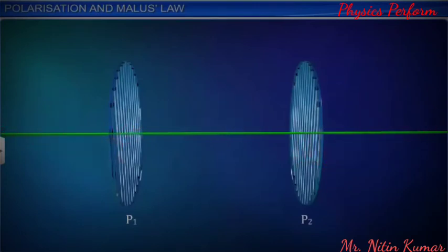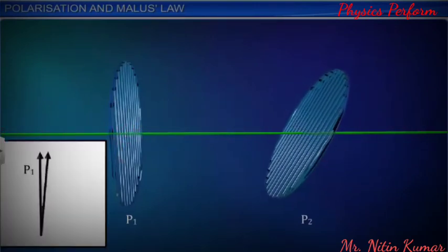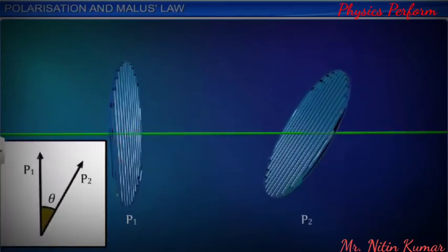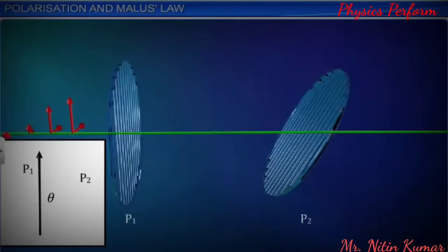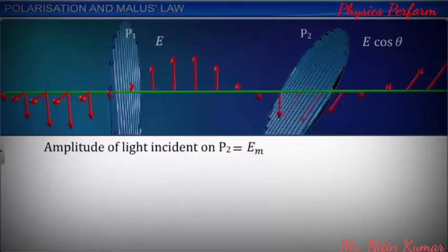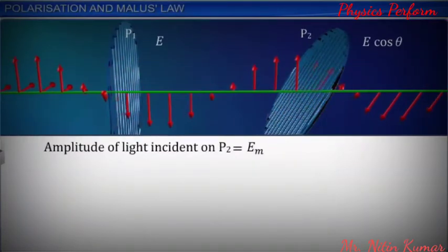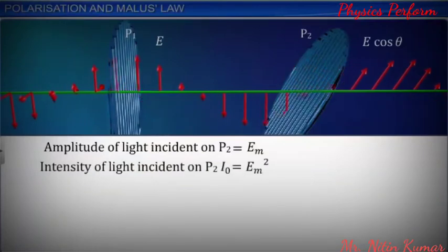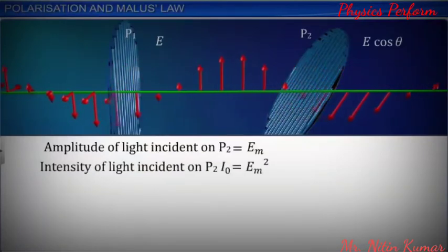If the pass axis of P1 makes an angle theta with the pass axis of P2, then the component of E parallel to the pass axis of the Polaroid P2 is equal to E cos theta. If Em is the amplitude of the light incident on the Polaroid P2, then its intensity I0 is equal to Em squared.